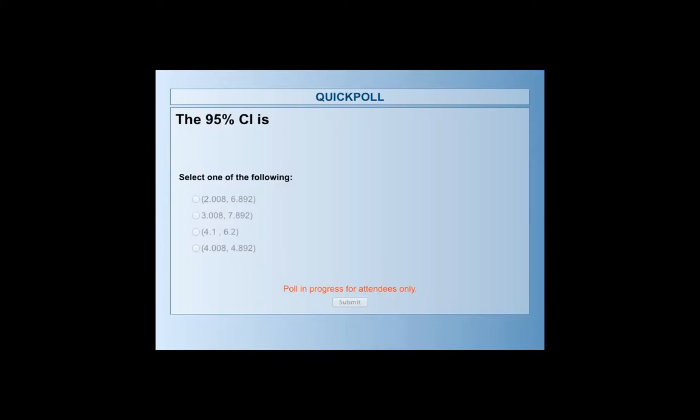Did I get the margin? Oh, it's 0.3, I'm sorry. Did I get it right? Standard error. Yeah, I think I did. 1.6.